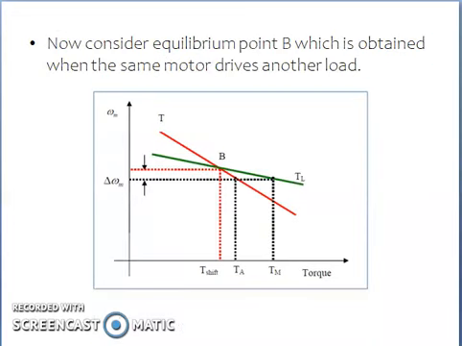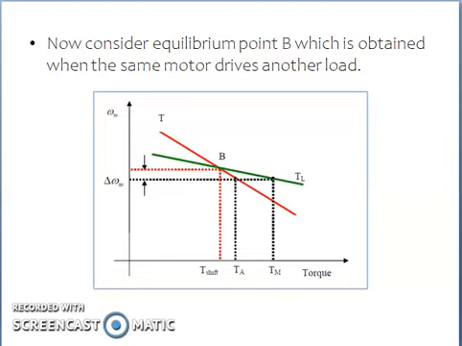Similarly, we will examine the point B, which is obtained when the same motor drives another load. Say a decrease in speed causes the load torque to become greater than the motor torque.